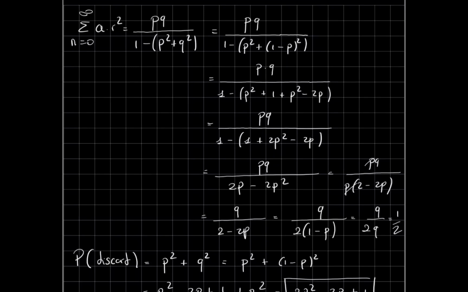By organizing the denominator and rewriting q as 1 minus p, we can expand the square and simplify some algebra steps and get to the point where we see that such probability is equal to 1 over 2. This tells us that despite the bias, the probability of finally returning a valid outcome is always 1 over 2. Fairness is preserved.